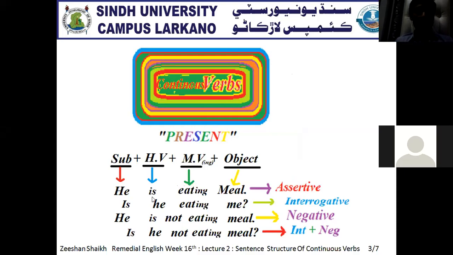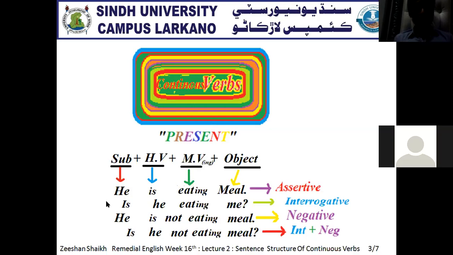Everybody knows the helping verbs of the present continuous tense: is, am, and are. These are the three important helping verbs being used within the present continuous tense. So once again, the subject comes first, which is he, and second, we have to give the helping verb.